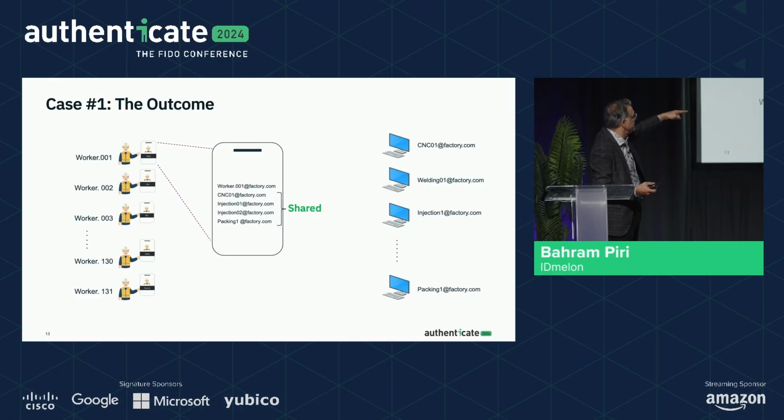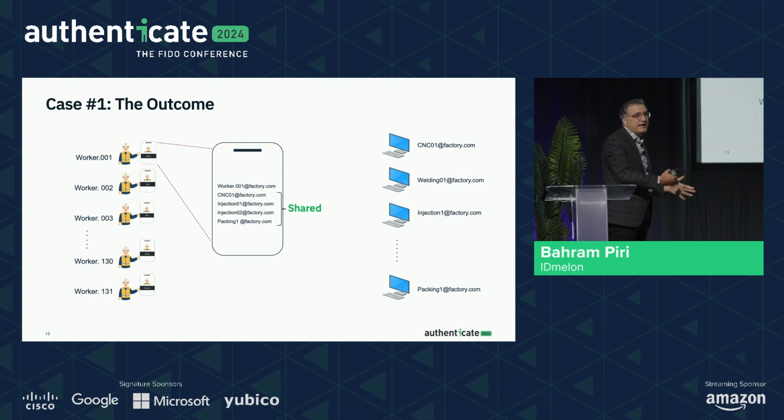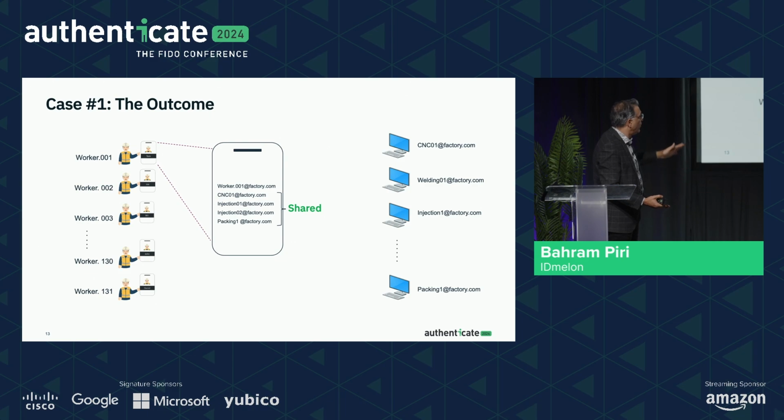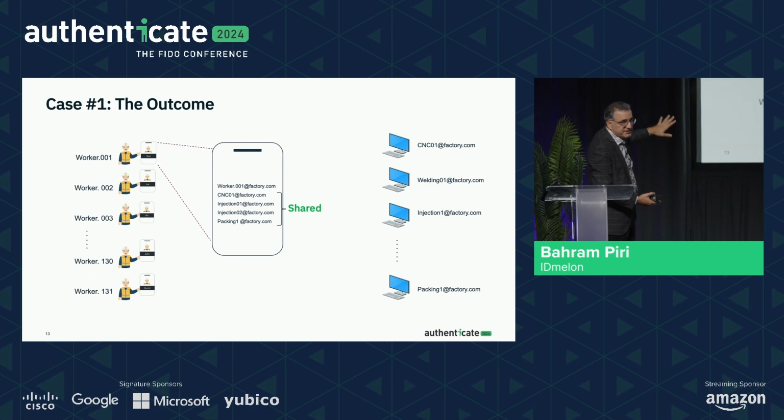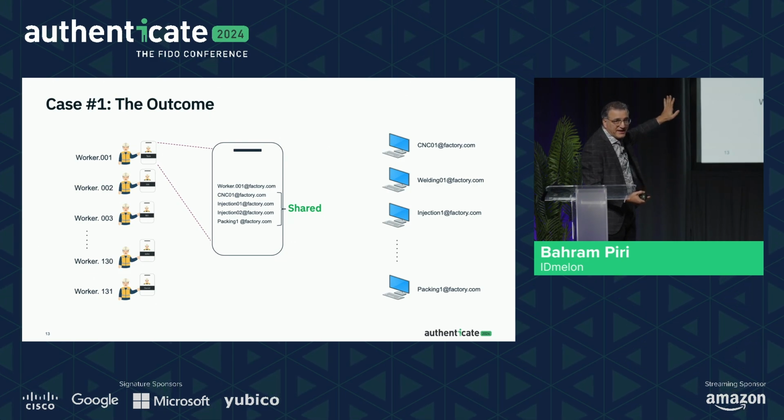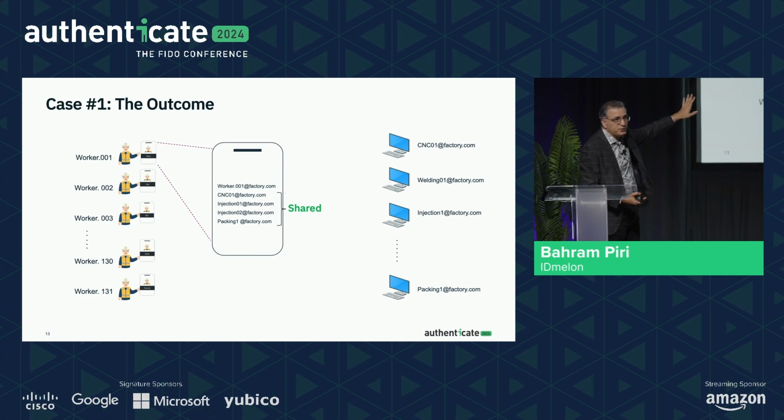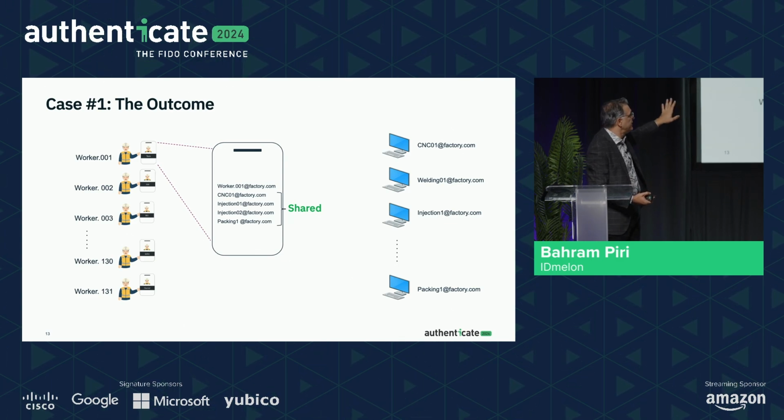And whatever machine the worker walks to, when he taps the card using the default passkey on that machine, he can unlock that machine by providing the PIN. With this, all these workers can log into those machines passwordless and phishing-resistant, with their card and PIN.